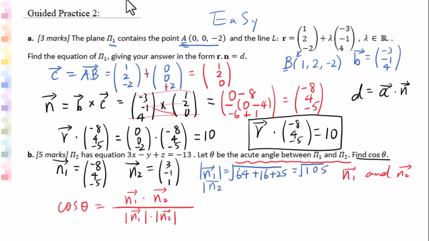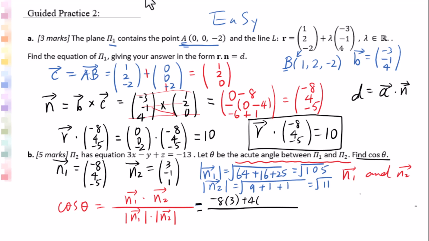And the length of n2 equals 3 squared is 9, negative 1 squared is 1, 1 squared is 1, equals the square root of 11. n1 dot n2, negative 8 times 3, plus 4 times negative 1, plus 1 times negative 5, over square root 105 times the square root of 11, equals negative 33 over square root 105 times the square root of 11.